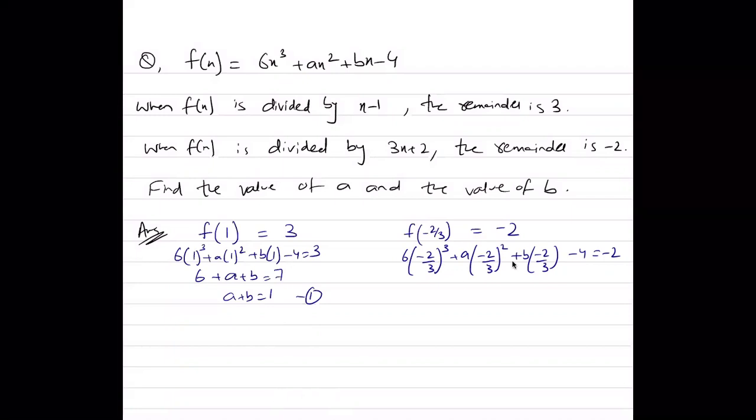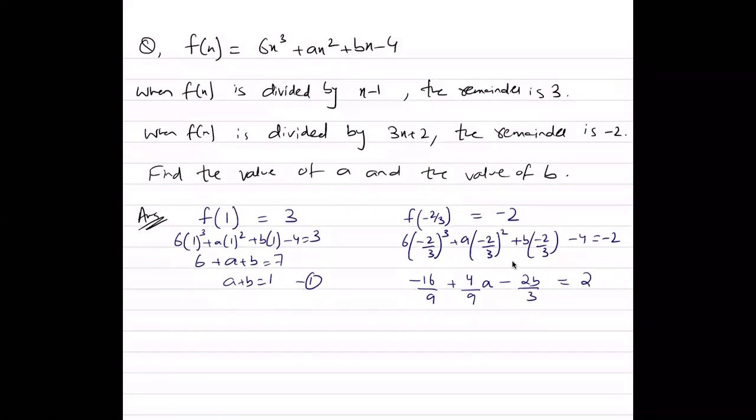So what does the second equation simplify to? I'm still stuck on that. I think it's 4 upon 9a minus 2 upon 3b equals 39 upon 4. Okay, let me simplify as well. So minus 2 divided by 3, the whole thing cubed, times 6 is minus 16 upon 9, plus 4 upon 9a minus 2b upon 3 minus 4. I can take minus 4 on that side and make it plus.